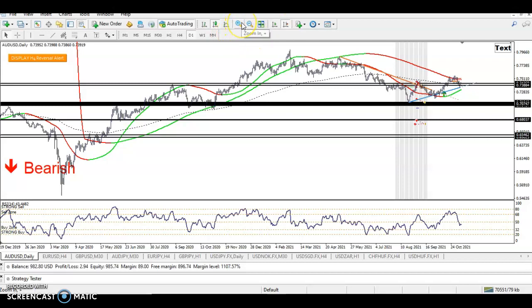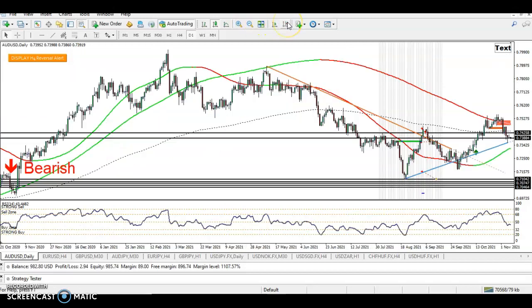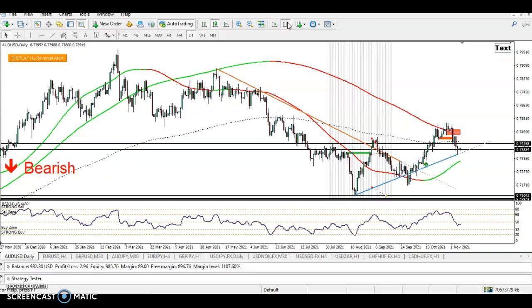For right now, we have the ODU. We're still trading with the market structure indicator. On the 4 hour, we're trading the 4 hour reversal, and we're bearish.